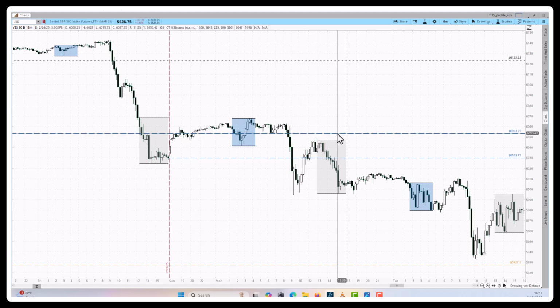So we either enter at this level, 53, or we enter at this level, where you see that it broke a level real hard, and then it retraced, and it made a second leg down right here in the PM. Boom! It comes down. Yep.